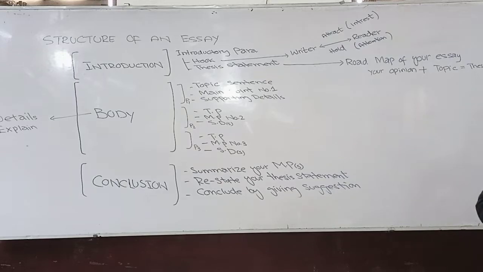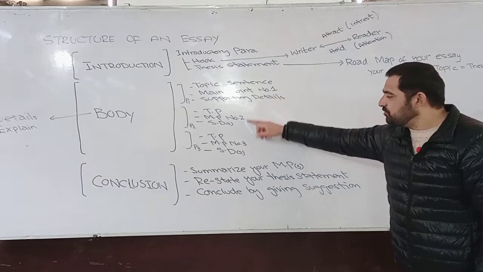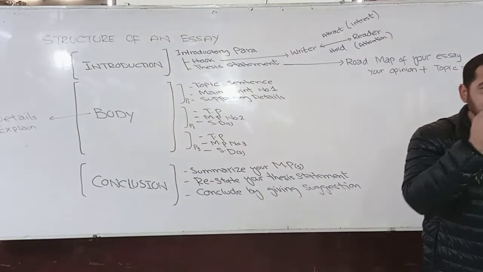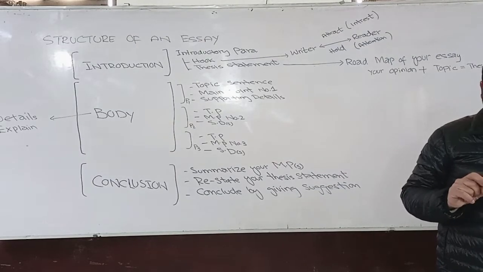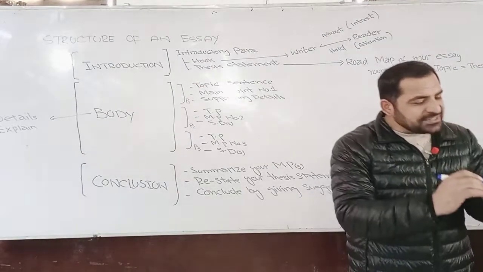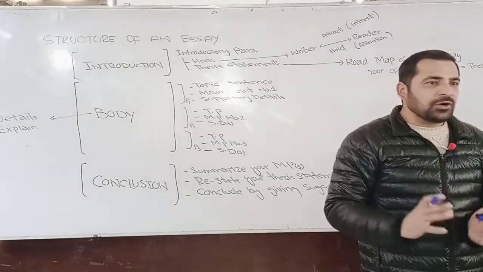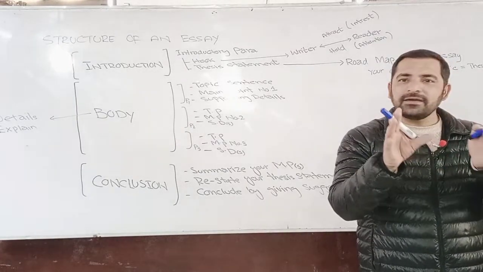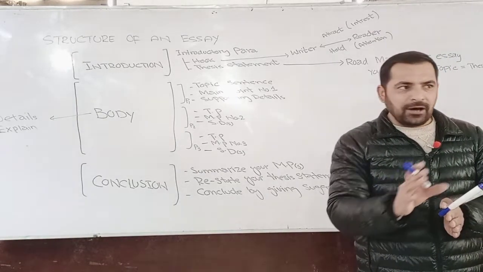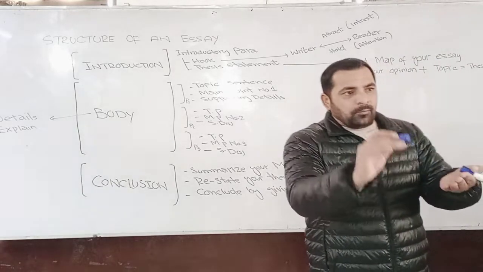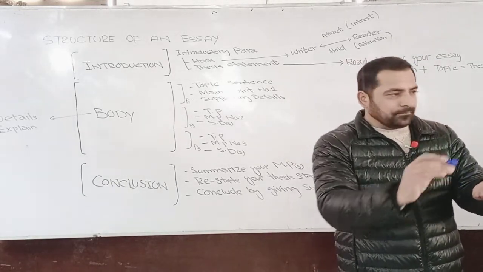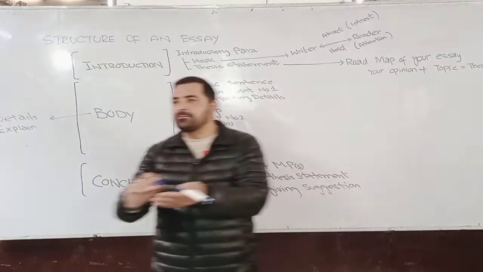So why is there a need for a topic sentence each time you start a new para? There is a reason. When we start writing, our focus remains on giving information to the reader. Now, what happens? We start writing and we move away from the topic.